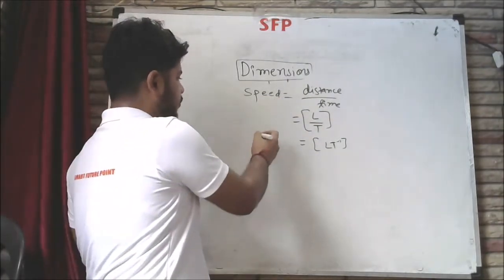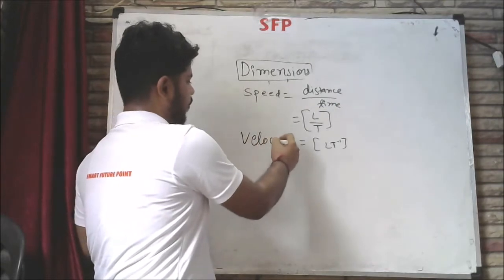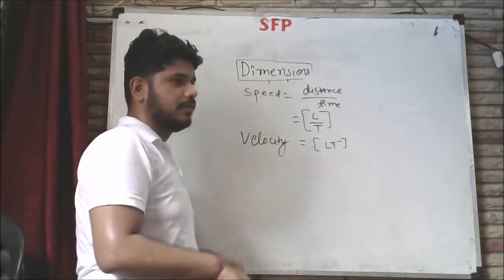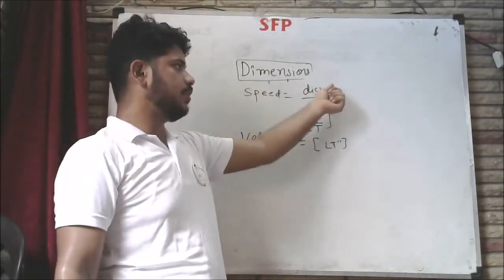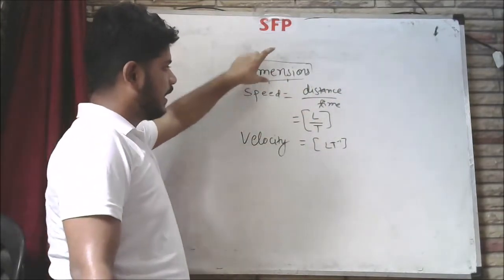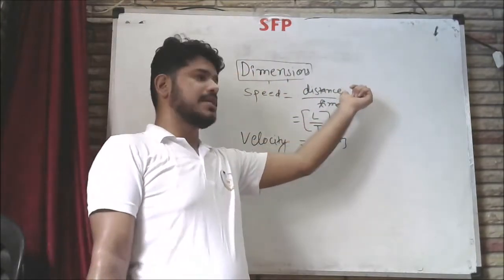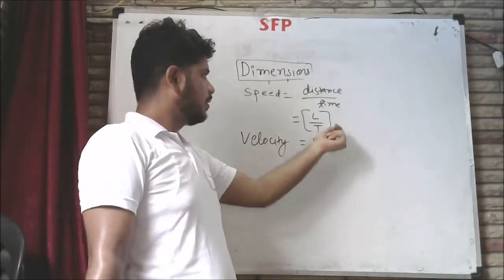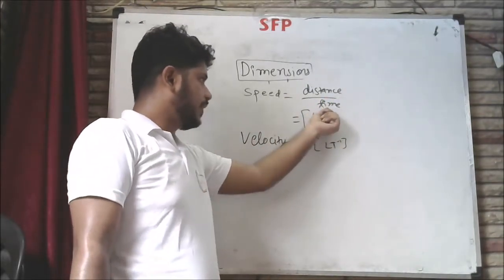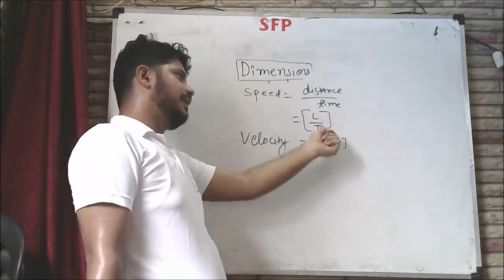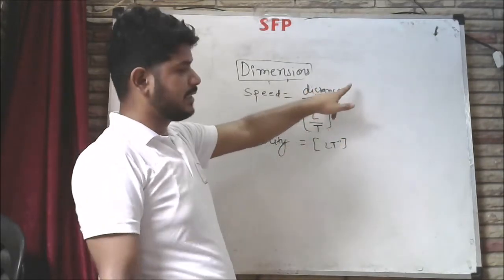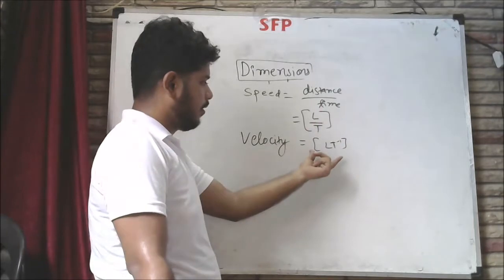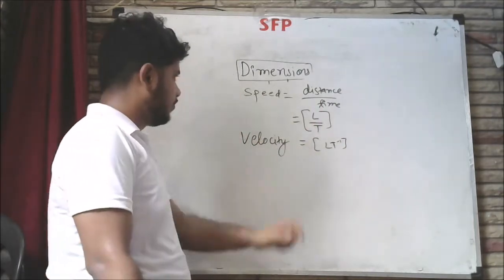What will be the dimensions of velocity? Will it be the same? Why? Because velocity is defined as displacement, and we are talking about dimensions, and the dimension of distance or displacement will be the same. Distance divided by time will be LT minus 1. If we talk about displacement divided by time, it will also be LT minus 1.